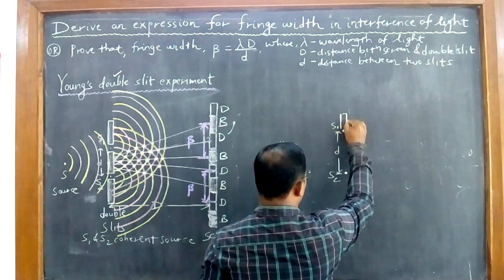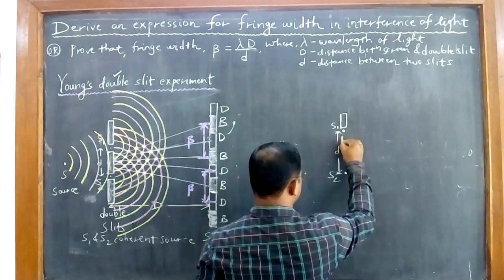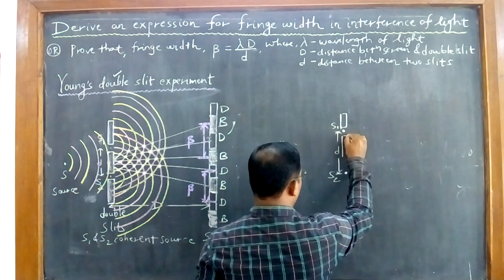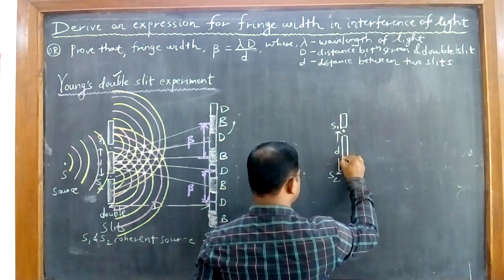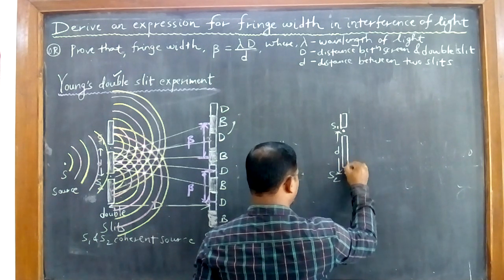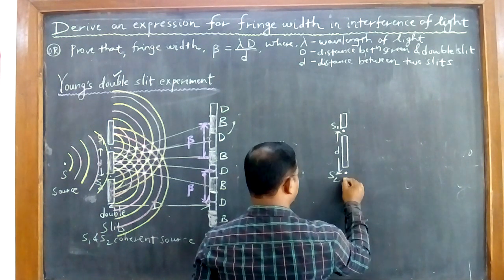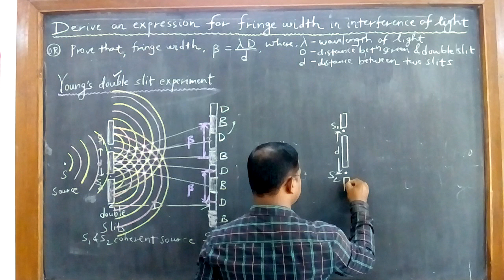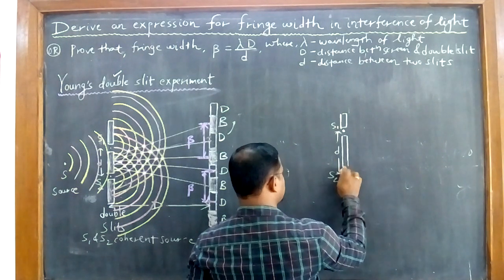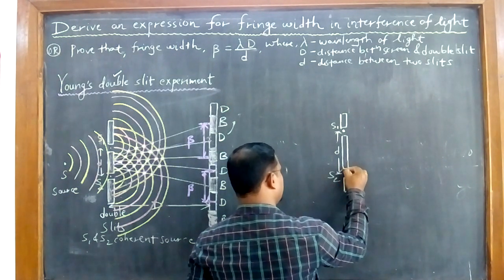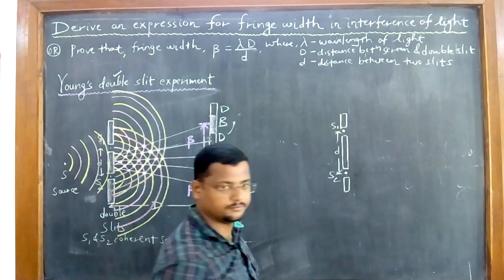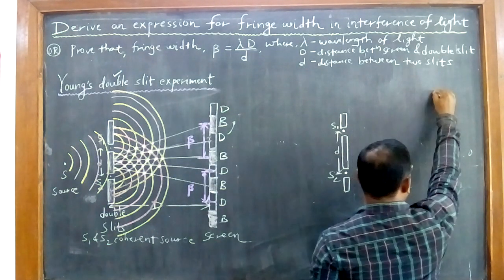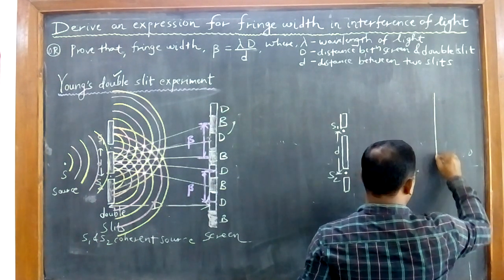See here now, how many slits are here? 2 slits, right? We are going to have the 2 slits here, and the distance between the 2 slits is what here? Small d. Small d is the distance between the 2 slits S1 and S2. Okay, now these are emitting the light. So somewhere here I will keep the screen. It is the screen.